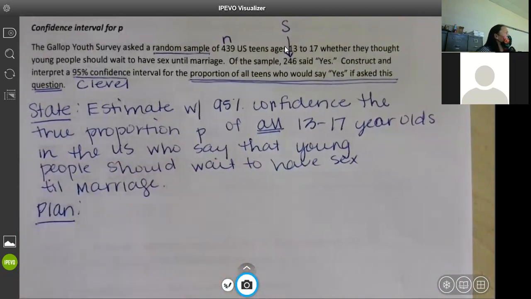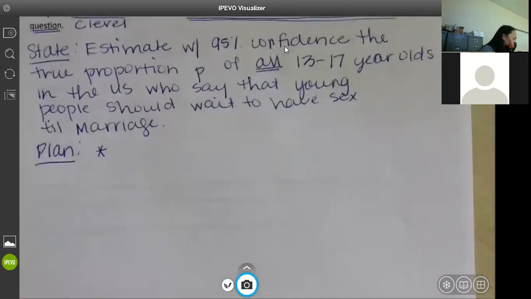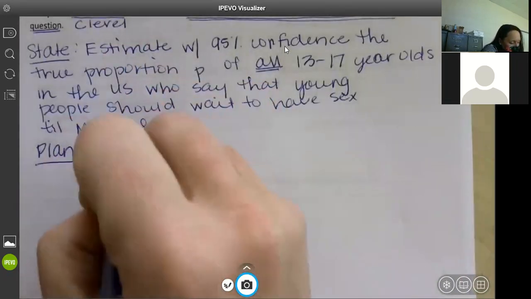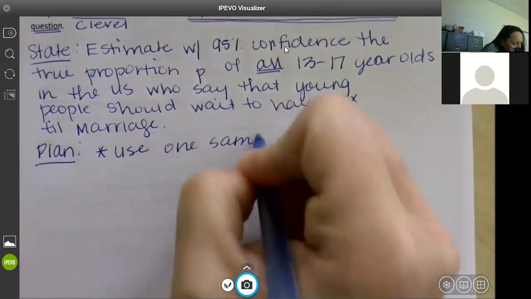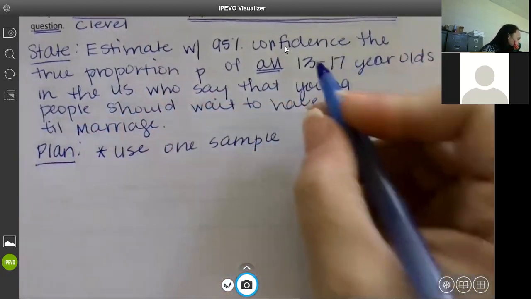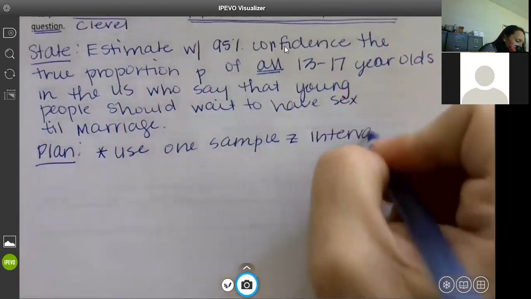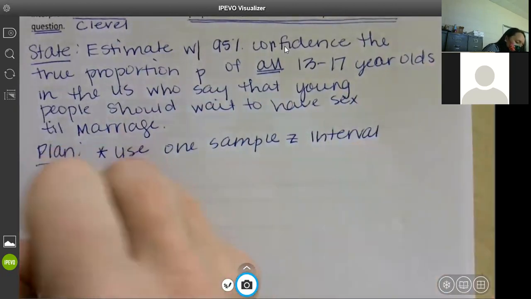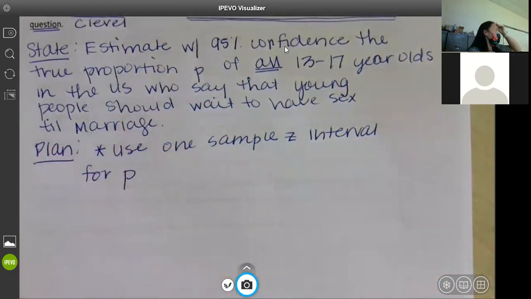Your plan is going to check your conditions, but you also need to tell what you're doing. This is the part that you probably don't know right now. We're going to use a one sample Z interval for P. That was in your box that showed your formula.